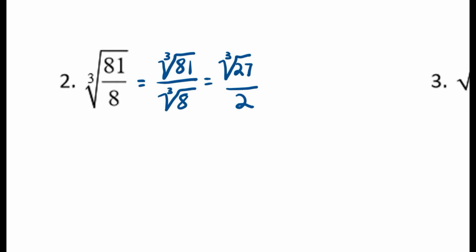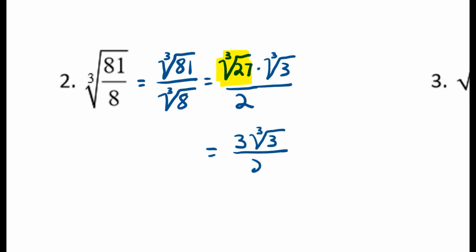So I'm going to separate 81 into the cube root of 27 times the cube root of 3, and then I'm able to take out the cube root of 27, which is 3. So I have 3 times the cube root of 3 over 2, and that would be my answer in simplest radical form.